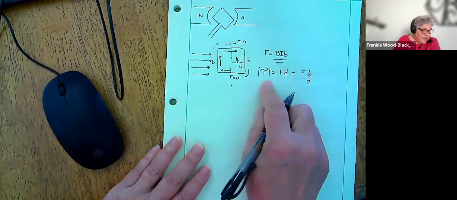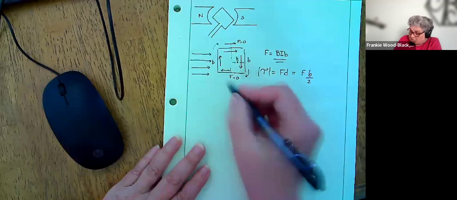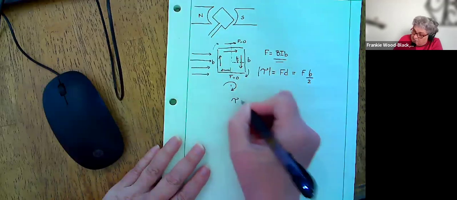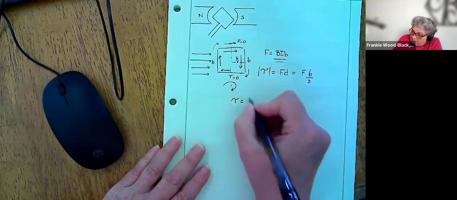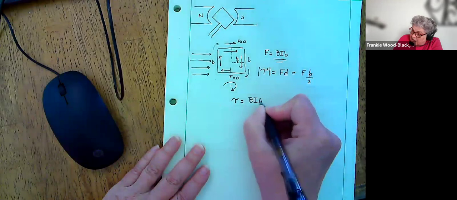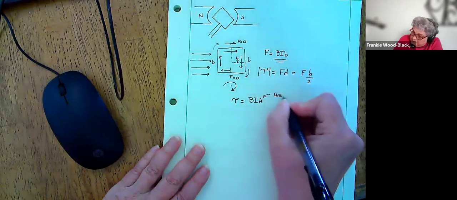If I add up the torques, because these are going to start to spin around, the torque max is going to equal my magnetic field times the current times the area, and this is the area of my loop.